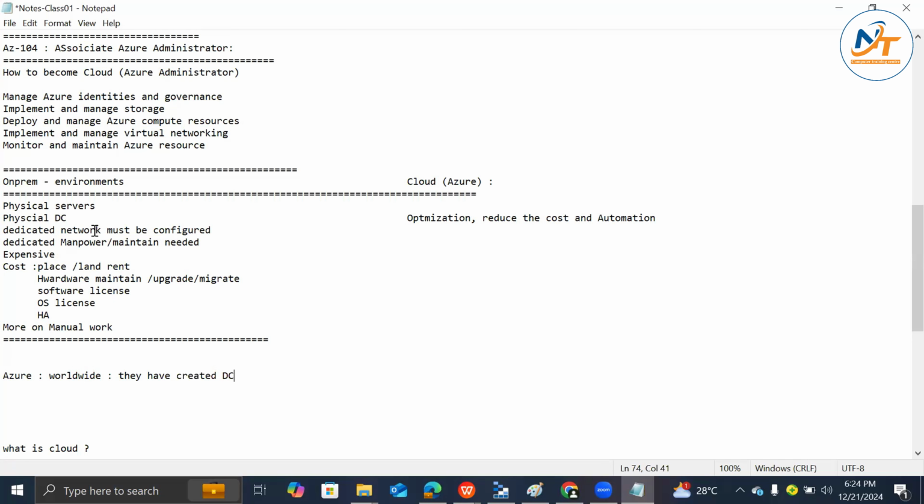Whatever we are doing in a physical data center here, the same physical data center Microsoft has already created with high-speed fiber, and whatever services we needed, they have in place in the data center they created.